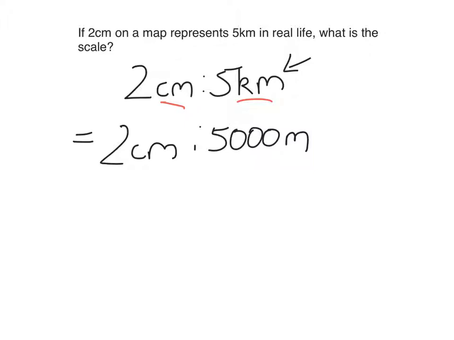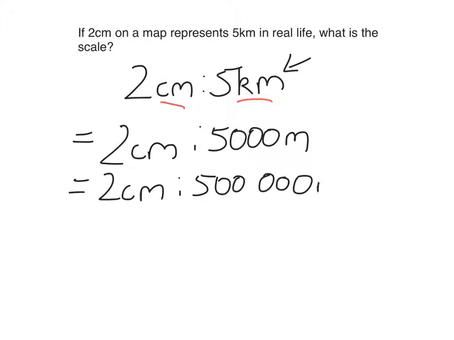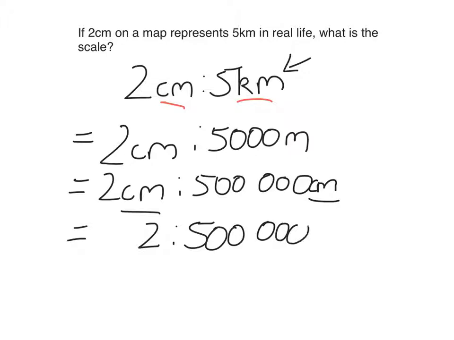Now I'm going to convert the metres into centimetres. So I need to times 5,000 by another 100. So I get 500,000 centimetres. So now I've got the same units in each, so I can just get rid of the units. This is a scale of 2 to 500,000.